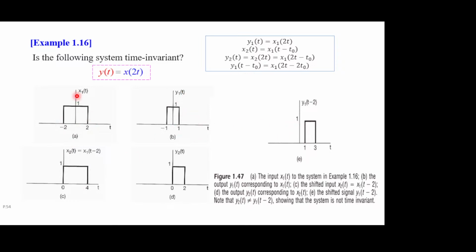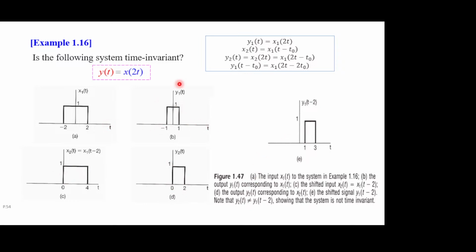And you see why. So x1 of t squeezes to this y1 of t like this. But if you have some x2 of t, that's a time shift of x1 of t, shifted by 2, so from 0 to 4, then you run this through the system and you get y2 of t. Then it will squeeze towards 0, so it's something from 0 to 2.